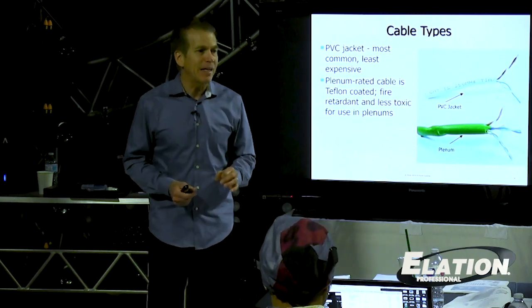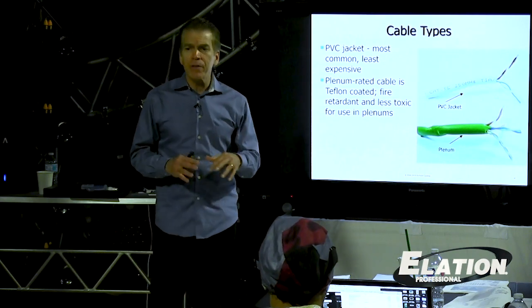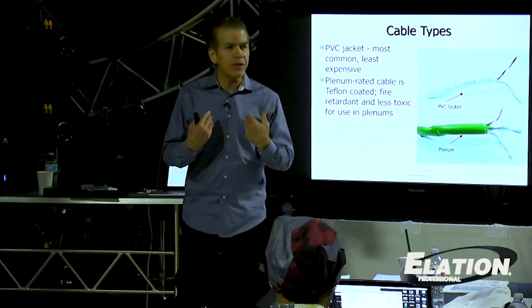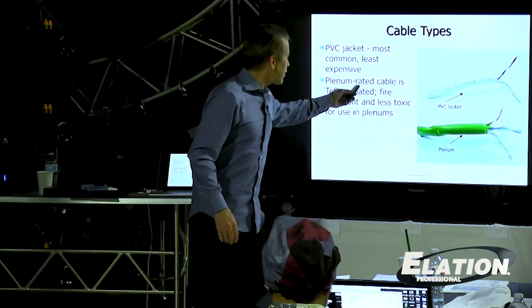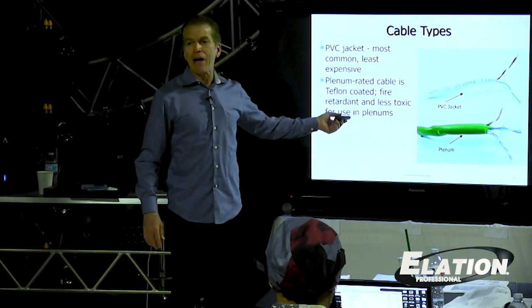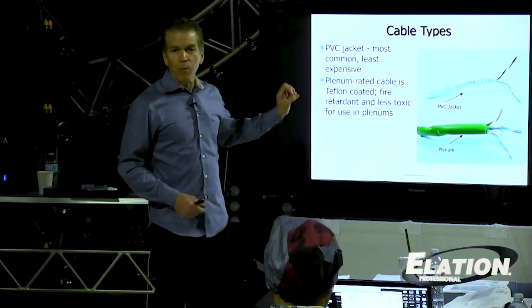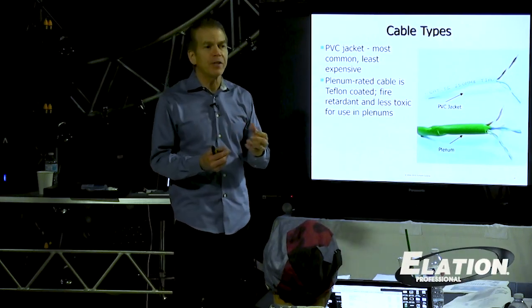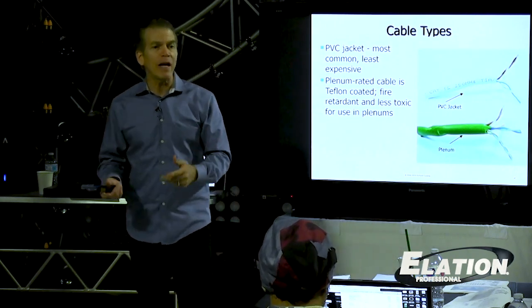And the reason is that in the event of a fire, usually when people die, it's not because they get burned to death, but because they asphyxiate. They inhale smoke and they can't breathe. And plenum rated cable is Teflon coated. That's a fire retardant. So if there's a fire, it gives them more time before it starts releasing toxins, and it'll get into the air conditioning system. So it gives people more time to get out of the building.